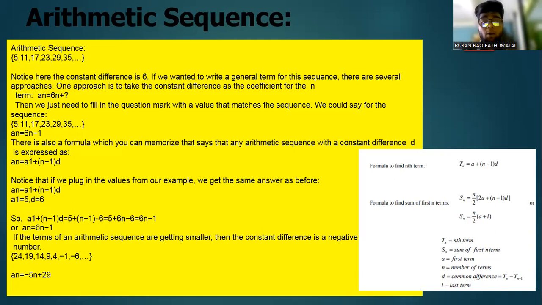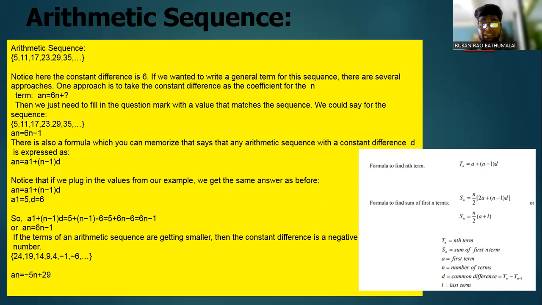So a1 plus n minus 1 times d equals 5 plus n minus 1 times 6, which equals 5 plus 6n minus 6, equals 6n minus 1.